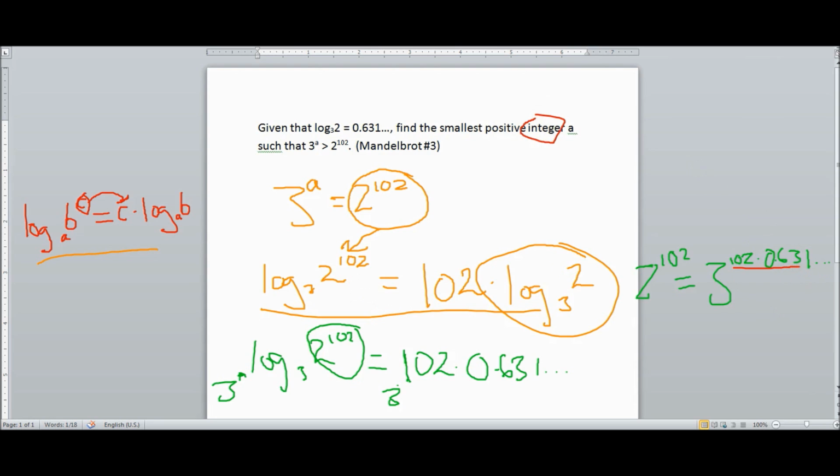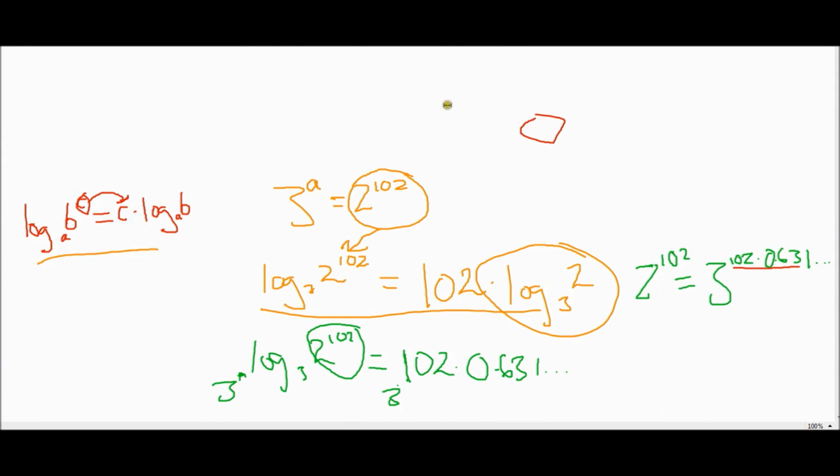So with a little bit of calculation, which we'll do down here: 102 times 0.631, and we have 64.362.